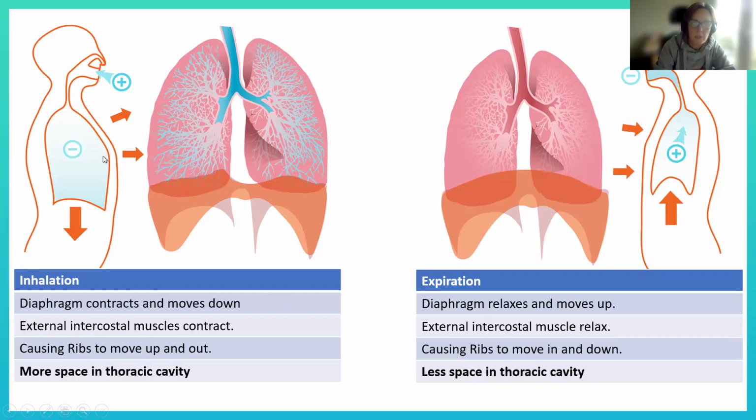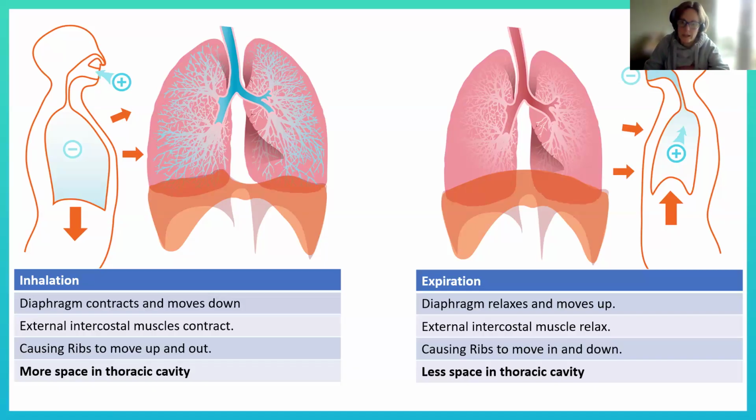And your muscles in between your ribs, the external intercostal muscles, they're called, they contract and cause your ribs to move up and out. So you're massively increasing the space available, the volume available. So what that does is it causes a pressure difference between inside your body and outside your body. You don't suck it in, it's drawn in because of the pressure difference.